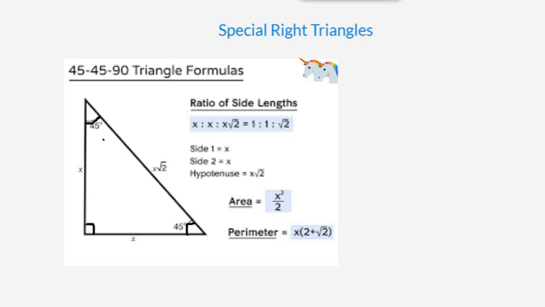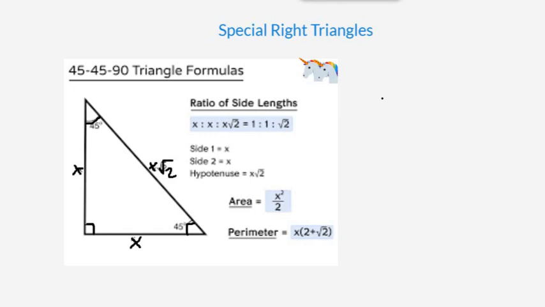Well, if you have a triangle that has 45, 45, 90-degree angles, then they have some specific ratio of the side lengths. Say, for example, if this side is x, then the other leg should also be x, and the hypotenuse is going to be x times square root of 2.